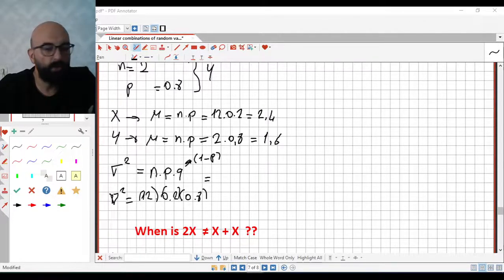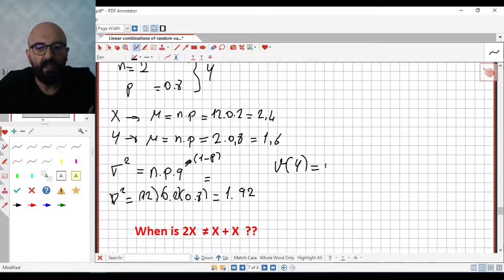On the other monitor, I look at the variance of this binomial distribution, and it means 1.92. For y, the variance of y is n multiplied by p multiplied by q, which means 2 multiplied by 0.8 multiplied by 0.2, and it means 0.32.